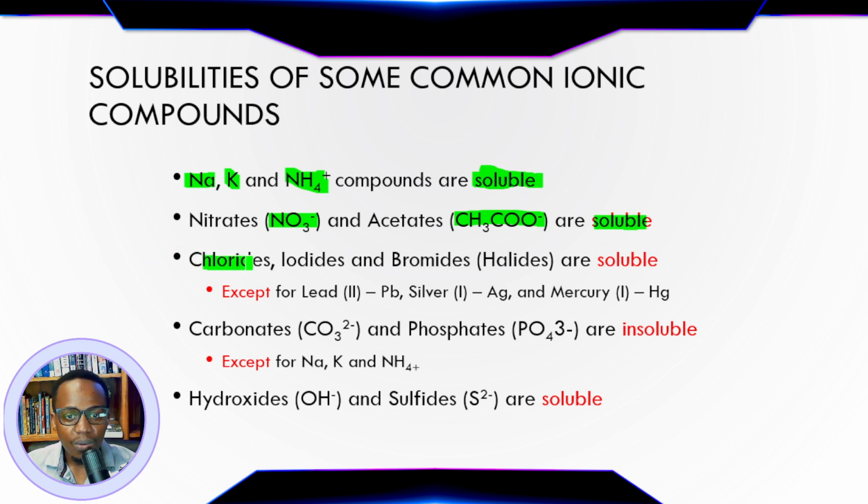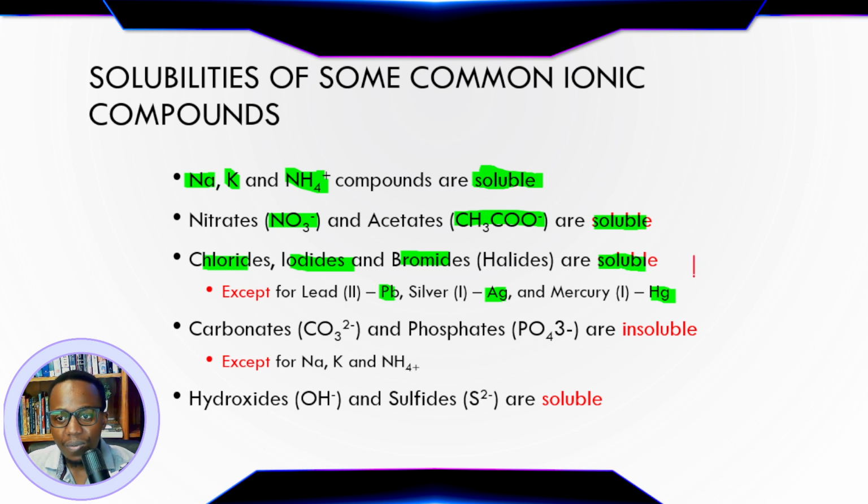Then if you have chlorides, iodides, and bromides, they are usually soluble, except when you have these 3 metals: lead, silver, and mercury. So if something has a chloride like NaCl, it's going to be soluble.